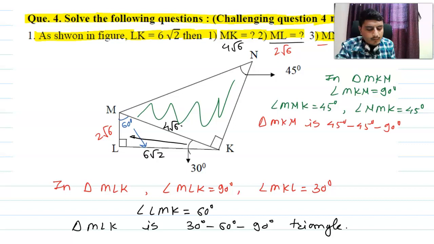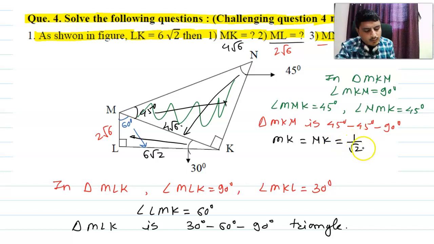So the sides opposite the 45 degree angles are 1 upon root 2 times the hypotenuse. Look at the sides opposite the 45 degree angles: we have NK and we have MK. So we can write MK equals NK equals 1 upon root 2 times the hypotenuse.